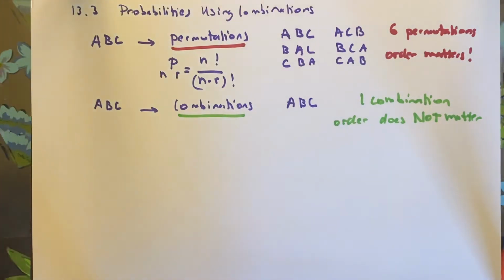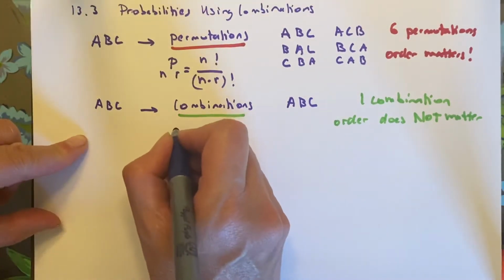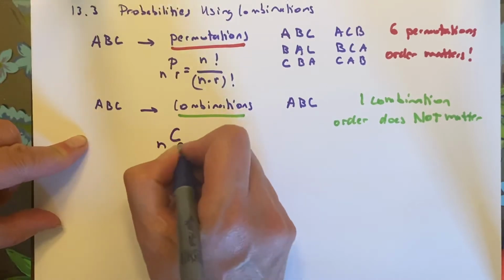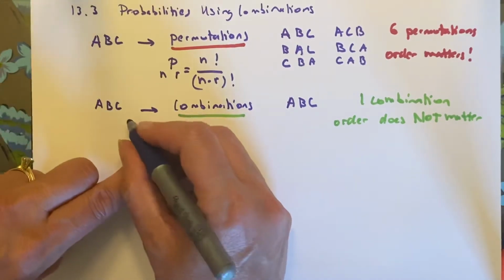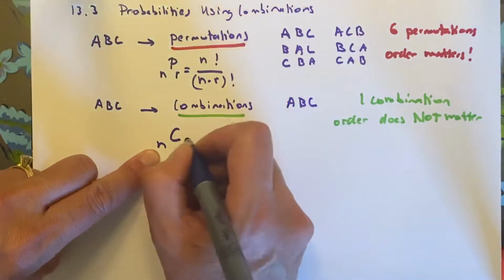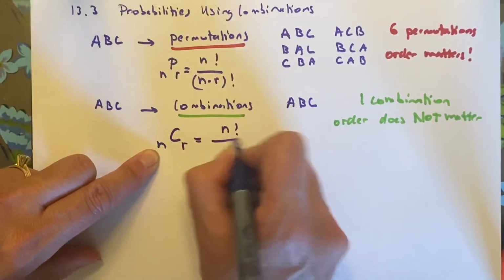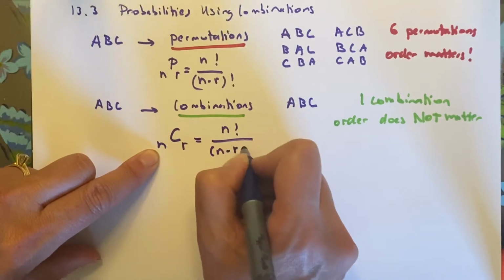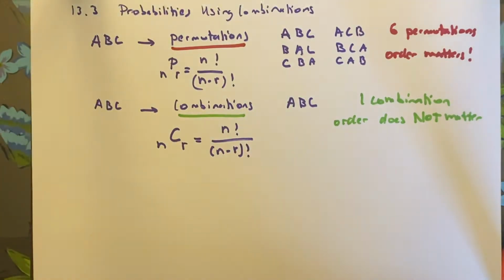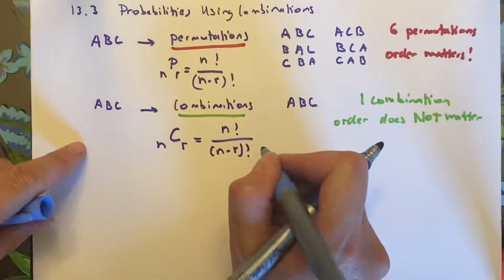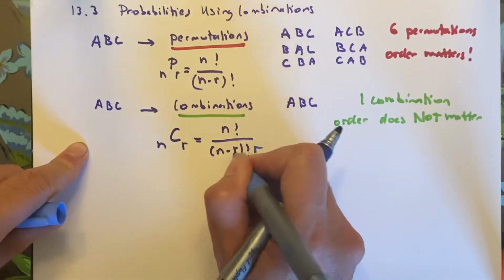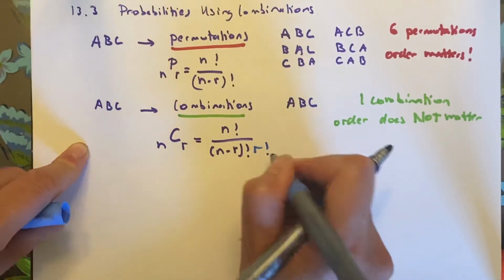So the equation for combinations, and this is new, make sure you write it down, is n objects, again 3 objects taken r at a time, again taken 3 at a time, is n factorial over n minus r factorial, exactly the same as the previous equation, with one little difference. You're multiplying this in the denominator by r factorial.